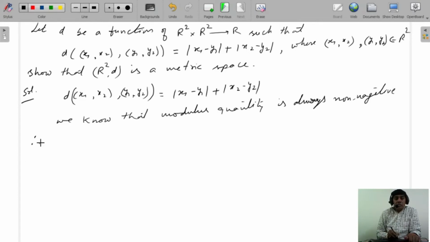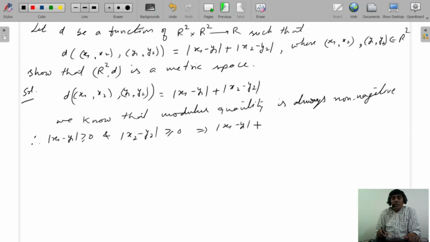Therefore, modulus of x1 minus y1 is greater than or equal to 0, and modulus of x2 minus y2 is also greater than or equal to 0. This implies their sum is also greater than or equal to 0.